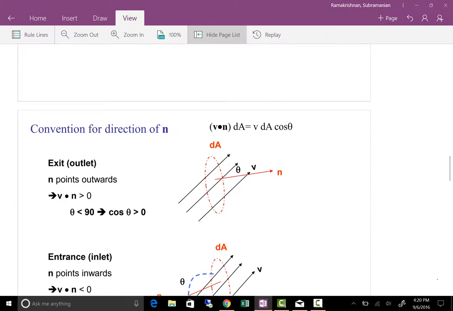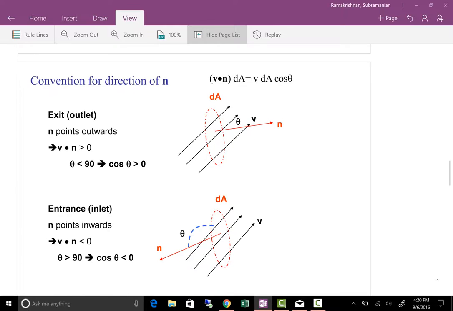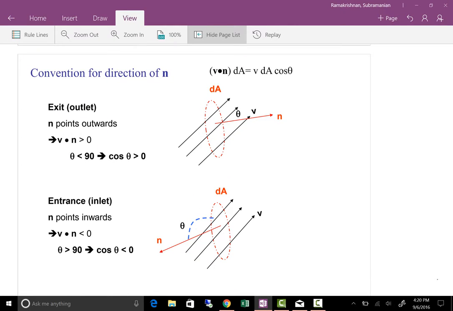Okay, and again, there is another very important thing that the v dot n takes care of, right? Because at exit, v dot n is greater than 0, so cos theta is always going to be greater than 0. And if the angle between v and n is 0, then cos 0 is 1.